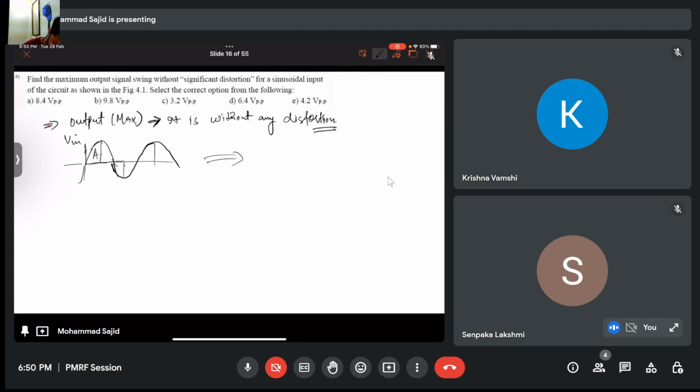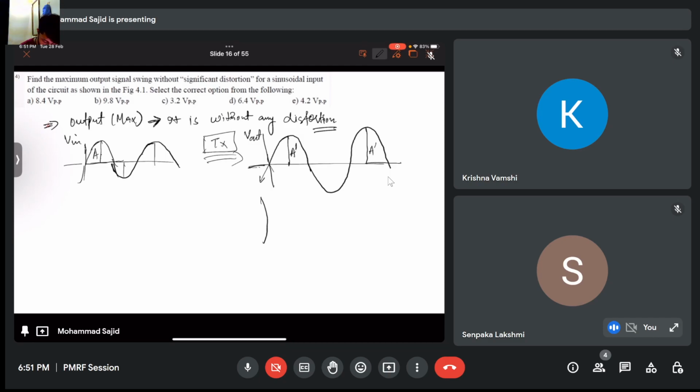So if I pass it through a black box, which is my transistor, what will I get? Amplified signal, if it is operated in the linear region, right? I will get an amplitude of A dash, which is higher than the input signal. So what do you call this signal? Undistorted signal, right? There is no distortion in this case.